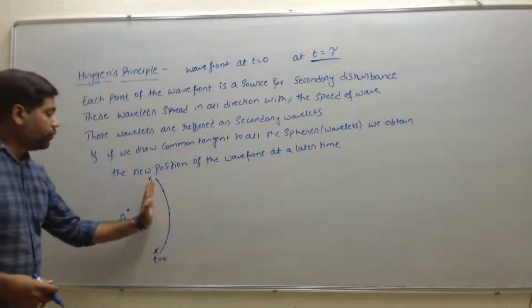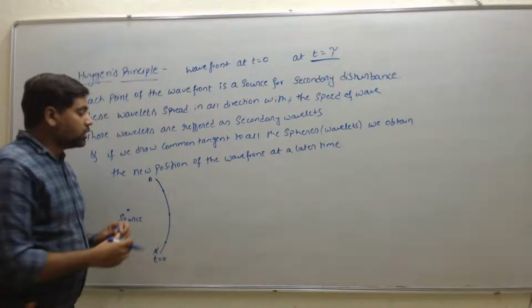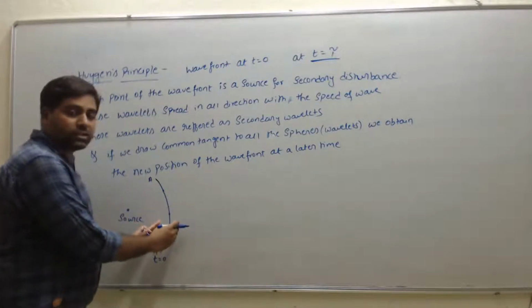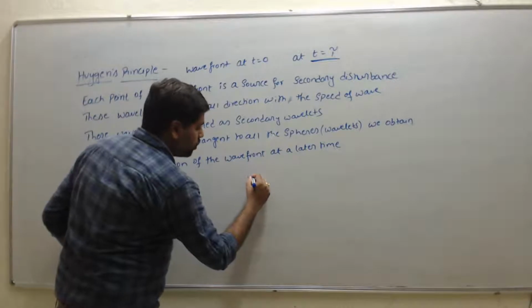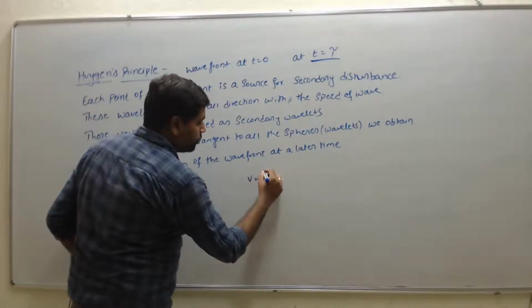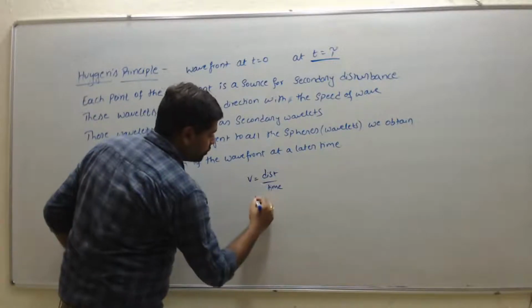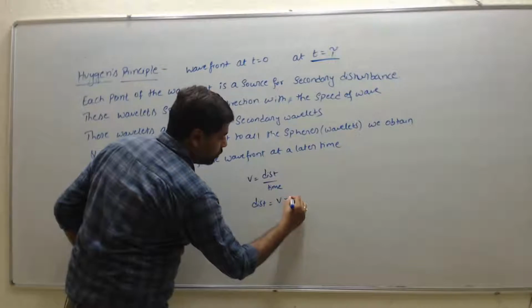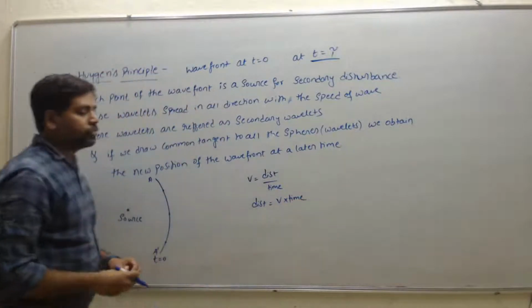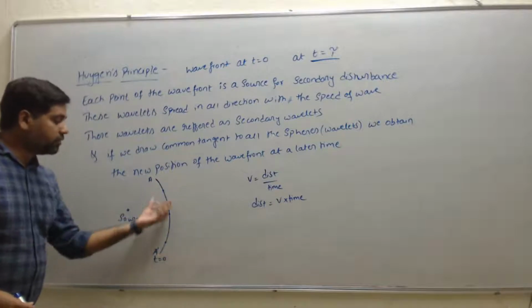Initially at time t equals 0, after a certain time this wavefront changes its position. To find that position, we know the formula speed equals distance by time, so distance equals speed into time. Here we know the speed of this wavefront.